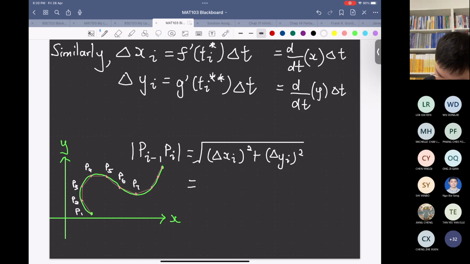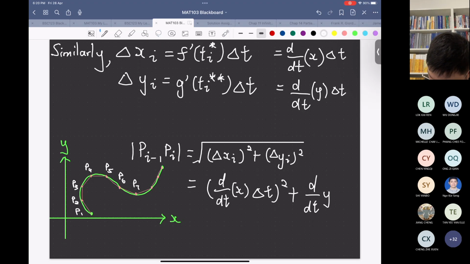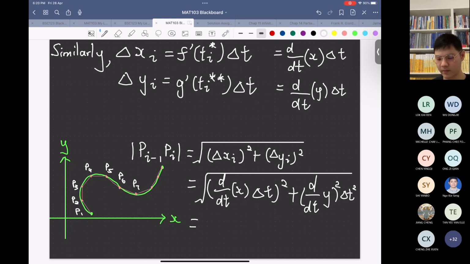So let's substitute the number in. So (d/dt x)(delta t) squared plus (d/dt y)(delta t) squared. Okay. So then, since both of them have delta t, we can move the delta t out from the square root.